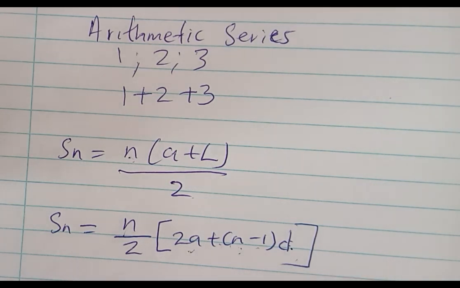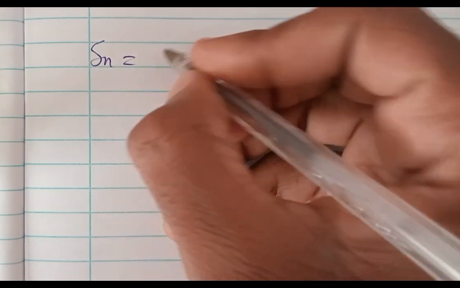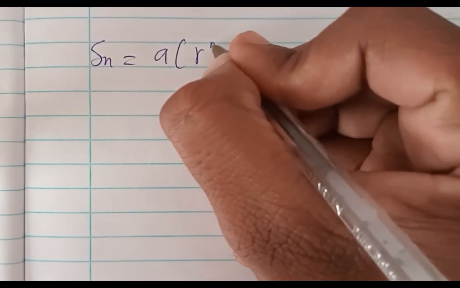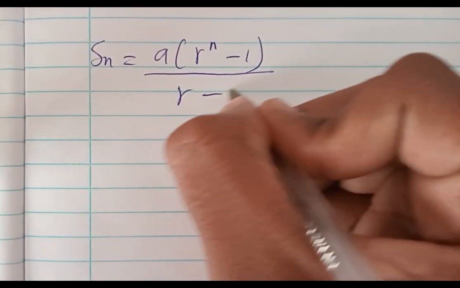So we'll do the one for geometric series right now. For geometric series we have two formulas, but our r will guide us. Our r is the ratio. So the first one that we have is Sn is equals to a(r to the exponent n minus 1) over r minus 1.